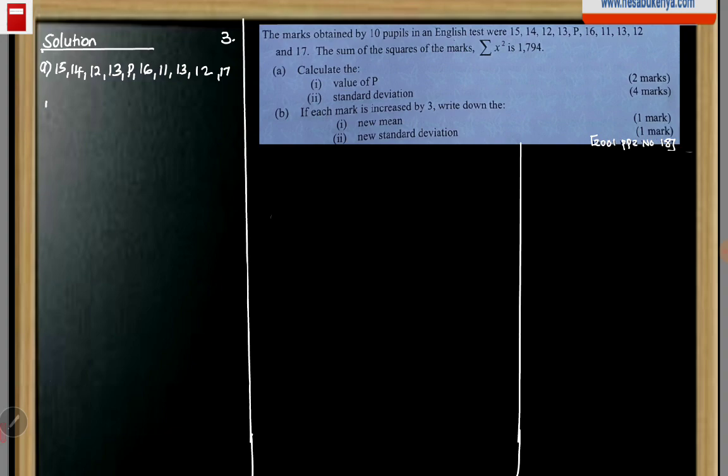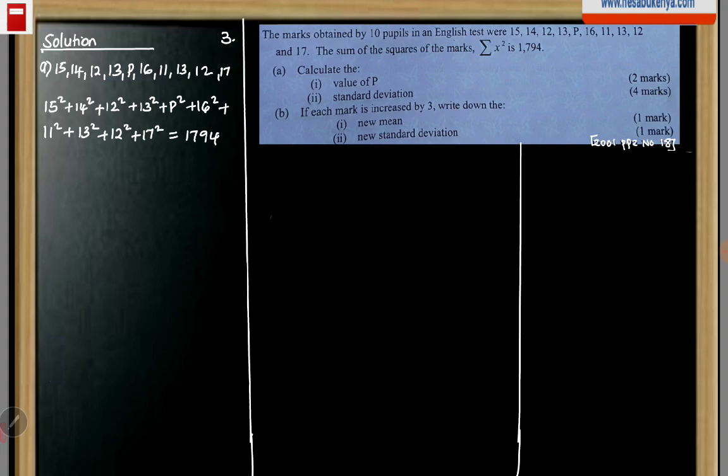Now, if we square the marks and add them, we should get 1794. So 15 squared plus 14 squared plus 12 squared plus 13 squared plus P squared plus 16 squared plus 11 squared plus 13 squared plus 12 squared plus 17 squared is equal to 1794.